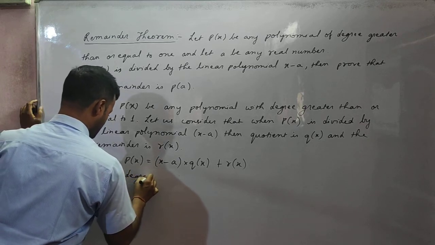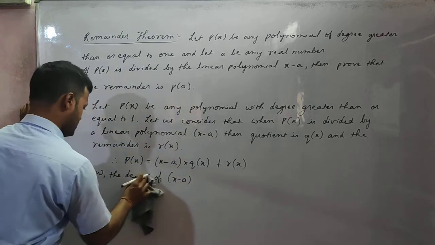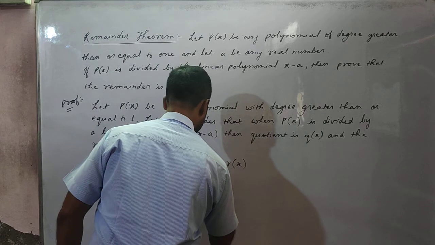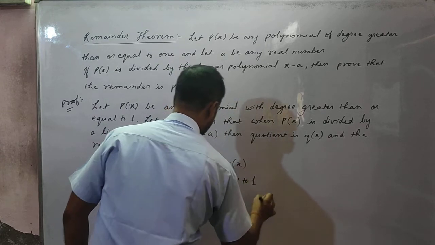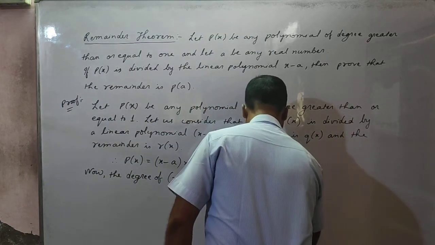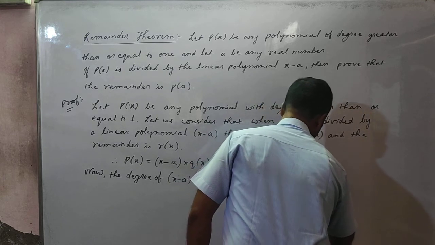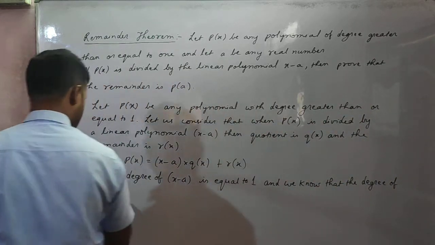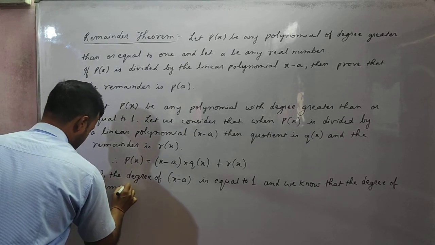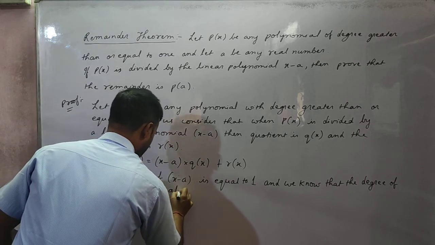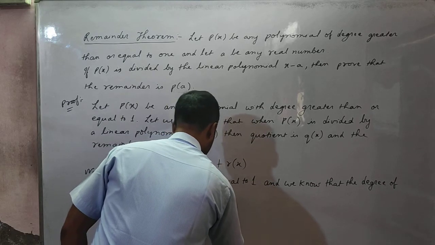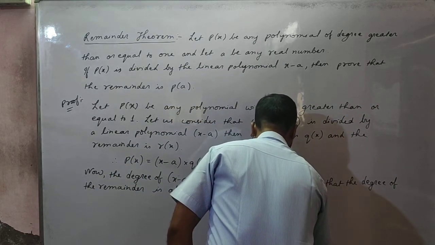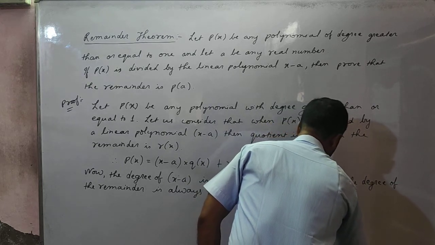Okay, now the degree of x minus a is equal to 1, and we know that the degree of the remainder is always less than the degree of the divisor.